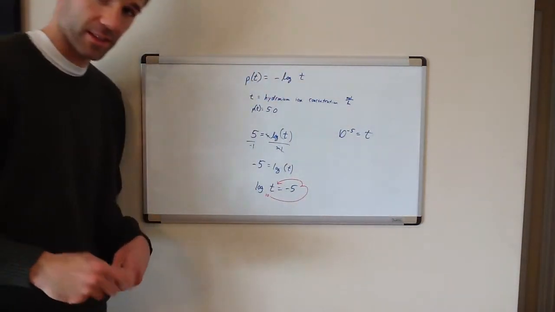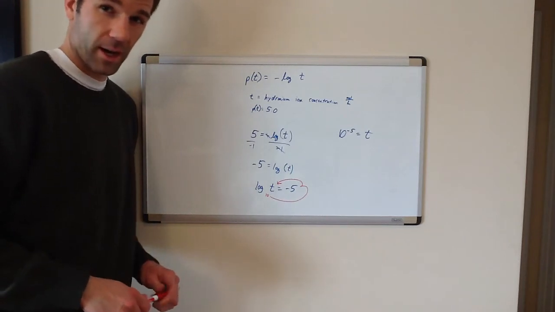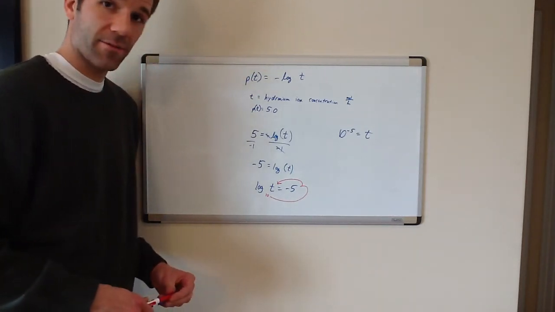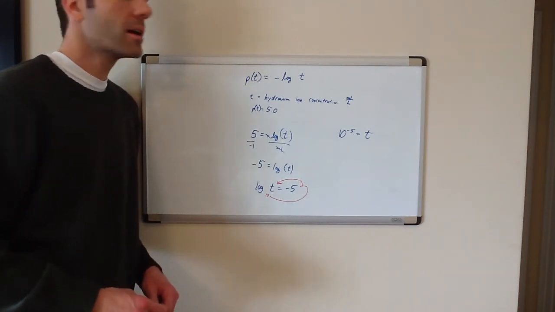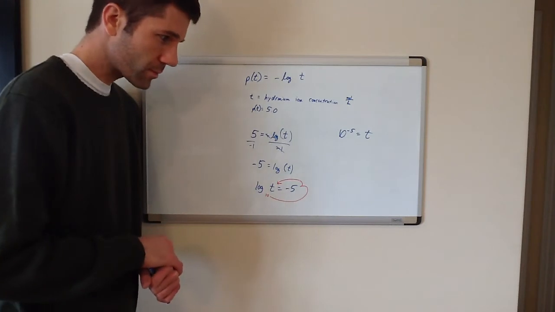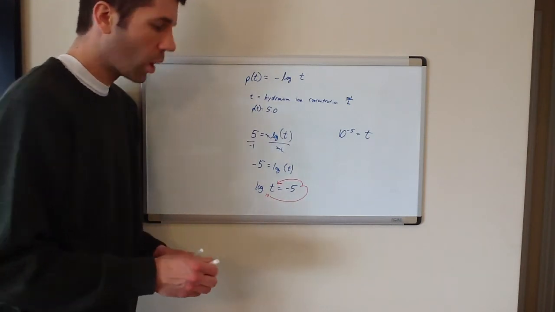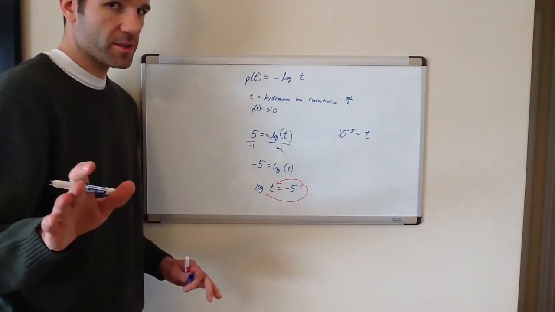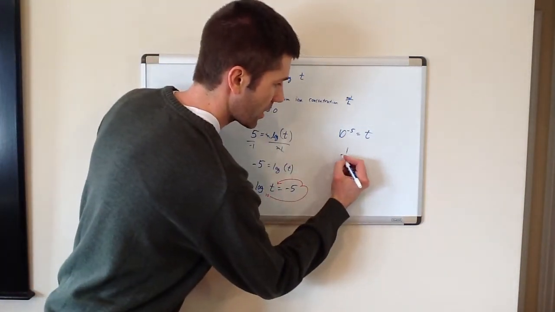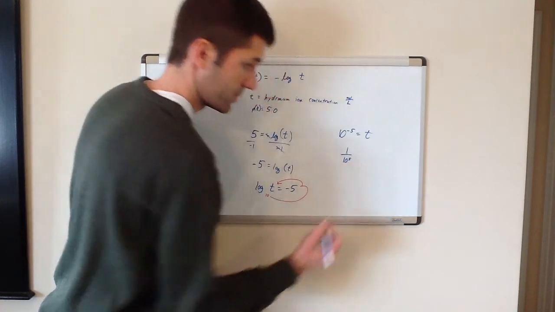Now, I realize that at this point, you're probably grabbing a calculator or waiting on me to grab one, and I'm not. Because we have 10 to the -5, and we have to figure out what that means. So 10 to the -5 is really, I'm going to get crazy here, I want to pull out some old school algebra. This is really the same thing as 1 over 10 to the 5th.